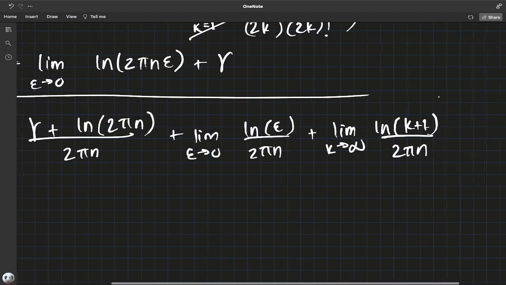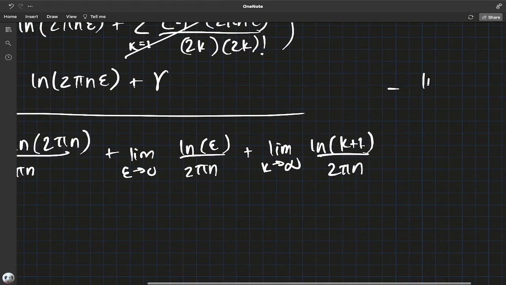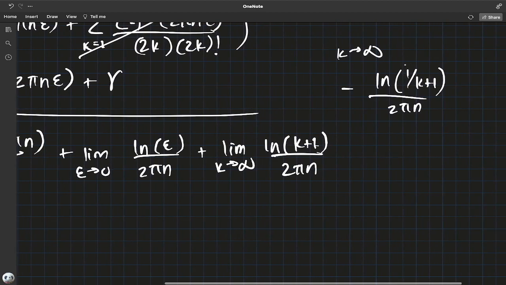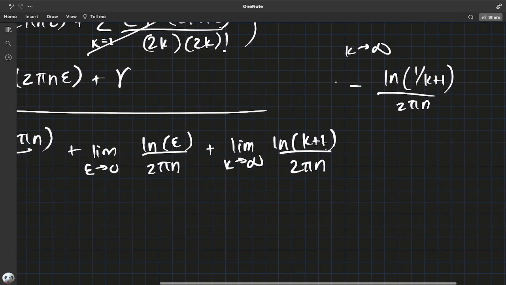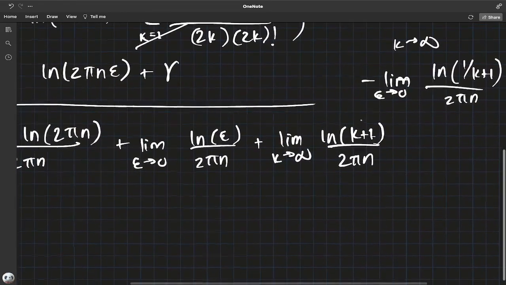Do a change of limits. So this will be negative natural log of 1 over k plus 1, 2 pi n, k going to infinity. As k goes to infinity, the inside goes to 0, so we can do a change of limits here from k to epsilon, and replace the entire k plus 1 with epsilon.